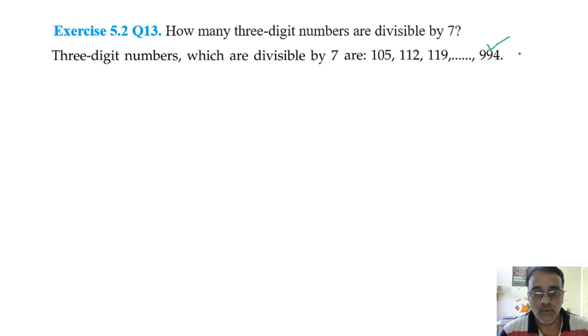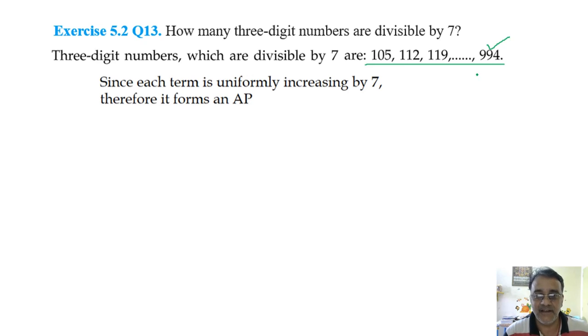Now we can't use direct AP here because it is nowhere written that it is an AP. In the previous question AP was written, but here it is not, so we have to write that it forms an AP. How will you write? You can write in a simple statement that since each term is uniformly increasing by 7, it will form an AP. Is this clear?